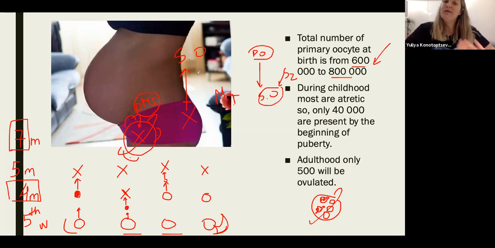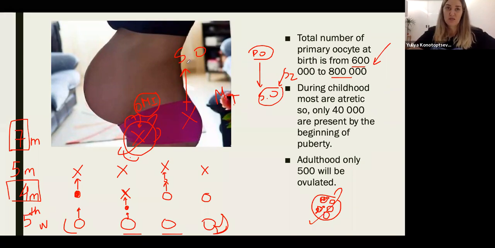So this is how we keep our primary oocytes frozen, right? We keep them in meiosis 1 to make sure that they don't divide into secondary oocyte. I repeat, who keeps them frozen, who keeps them resting? Follicular cell by secreting the OMI.